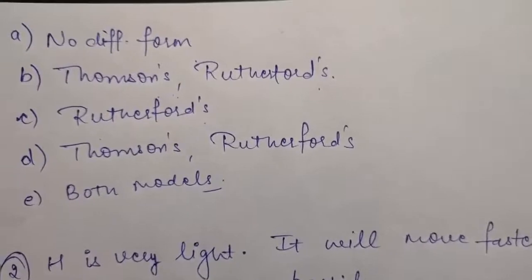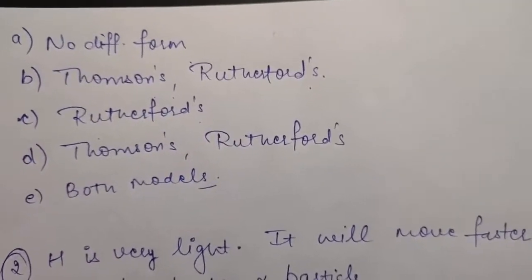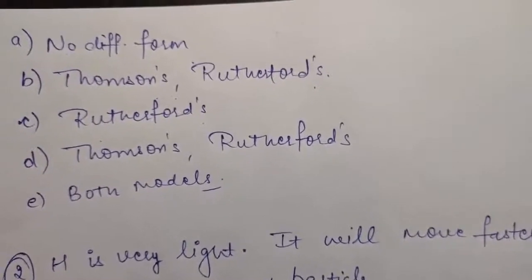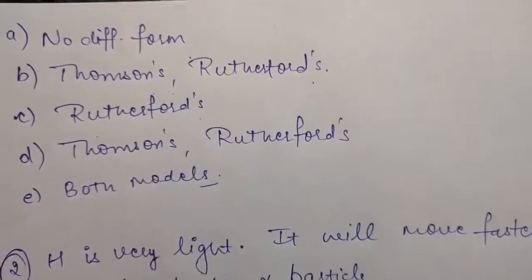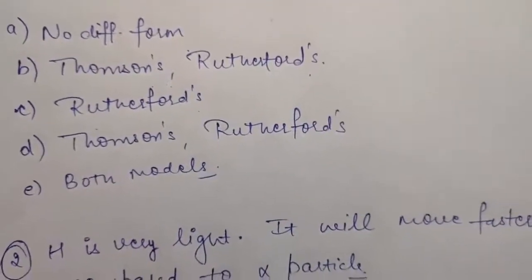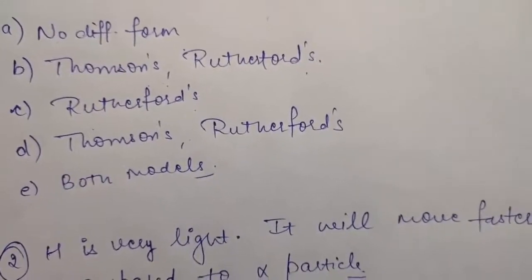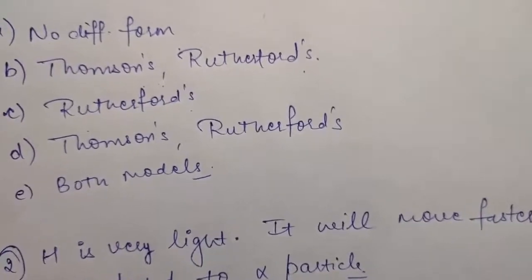As you have studied in Thomson's model, electrons are embedded like seeds in a watermelon, and the positive charge was also uniformly distributed. That means in Thomson's model, mass was uniformly distributed, but in Rutherford's model, all the positive charge of the atom is concentrated in the nucleus, so it is placed at one place only.